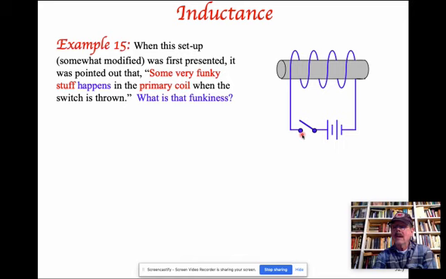And you know from Lenz's law what happens. The current is going to attempt to establish itself, and you're going to get an induced EMF that's going to end up fighting that. If you lay your right hand on the coil in the direction that the current would like to flow, you can figure out the direction of the magnetic field down the axis of the coil.